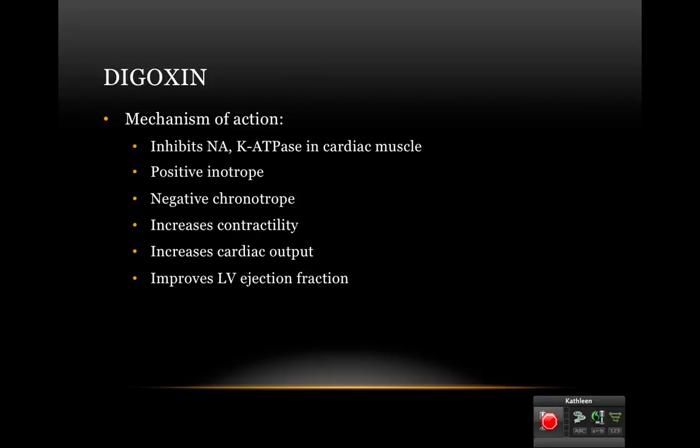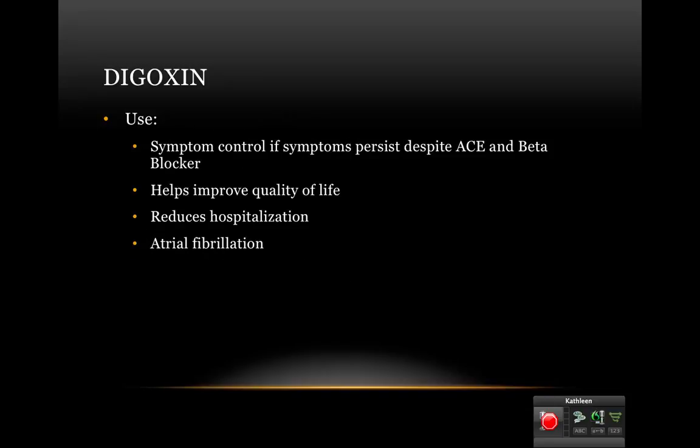Digoxin, the mechanism of action, inhibits sodium potassium pump in cardiac muscles. It's a positive inotrope, meaning it increases contractility, and it's a negative chronotrope, decreasing heart rate. It increases contractility, it increases cardiac output, and it also can improve left ventricular ejection fraction.